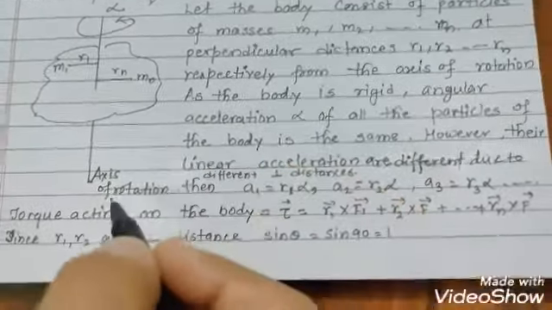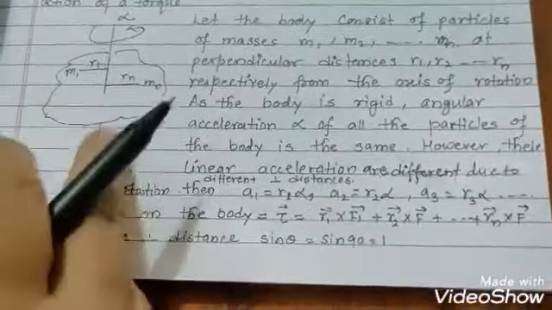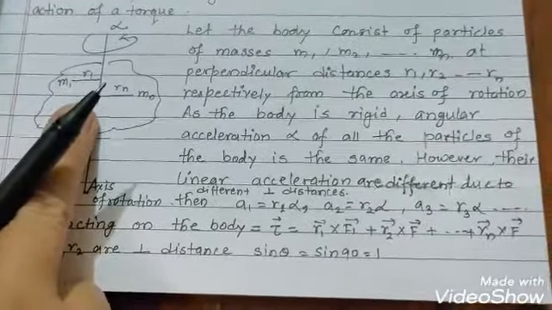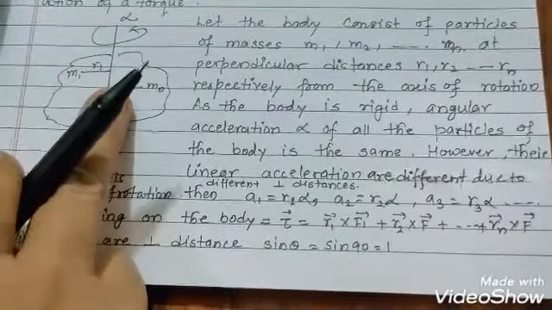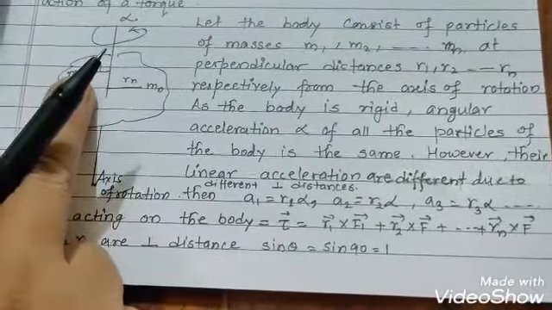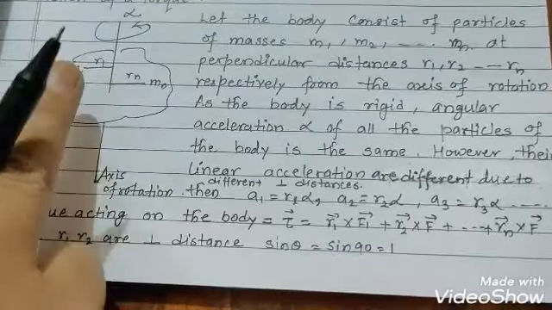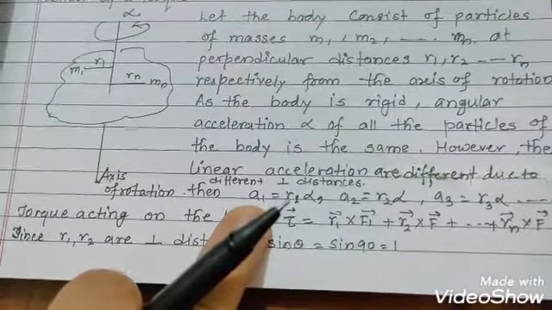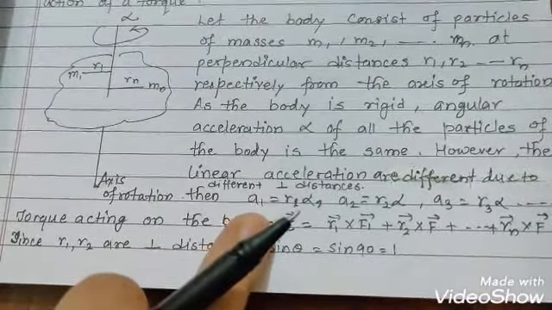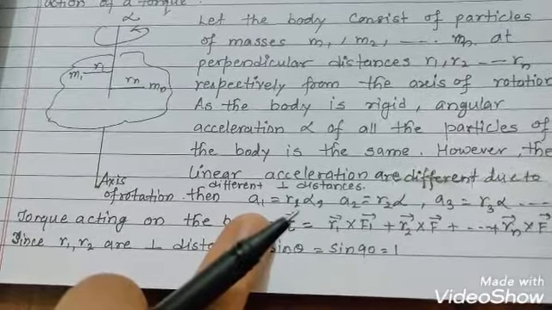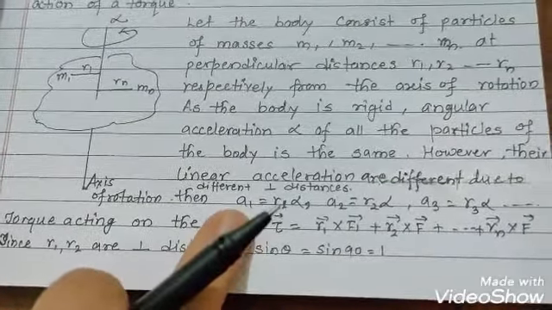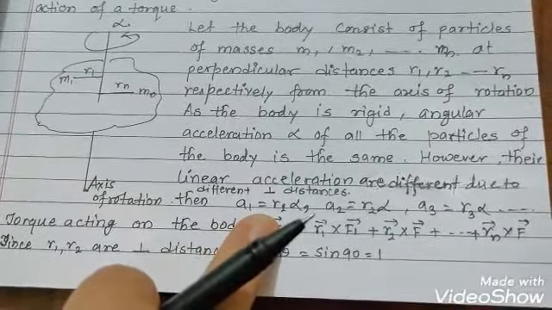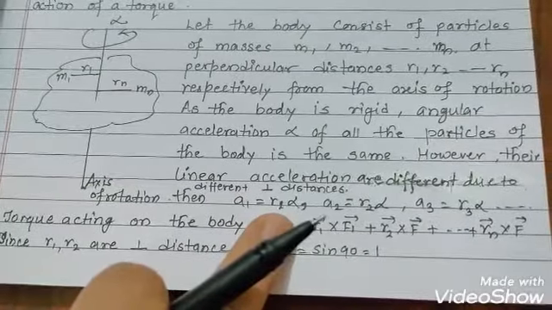As the body is rigid, the angular acceleration alpha for all the particles of the body is the same, however their linear accelerations are different due to the different perpendicular distances r1, r2, rn. We know the relation between linear acceleration and angular acceleration: the linear acceleration is equal to the perpendicular distance of the particle multiplied by the angular acceleration.